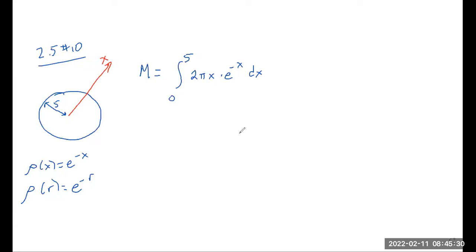All right, so now comes the time to integrate this thing. And unfortunately, this is another one that we don't have a method for yet. Keyword: yet. We're going to develop a method called integration by parts that will take care of this.